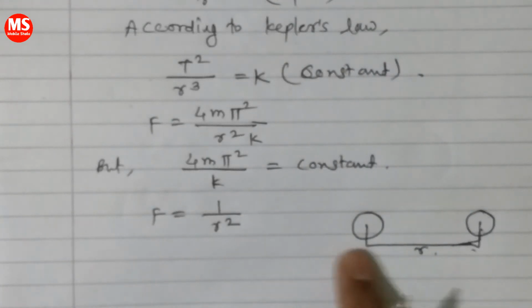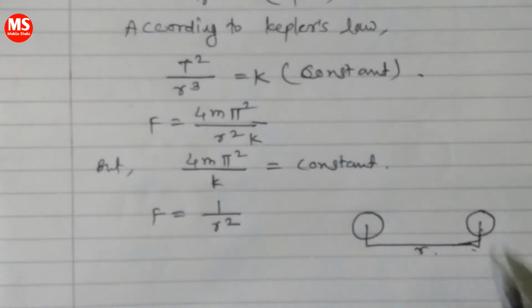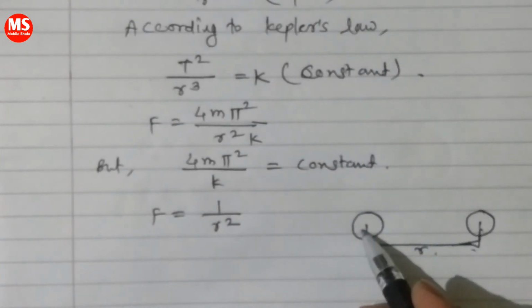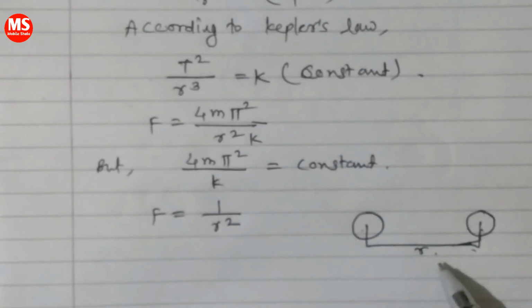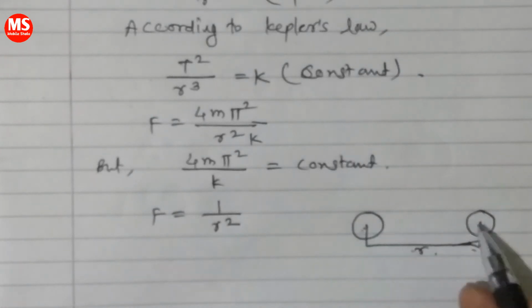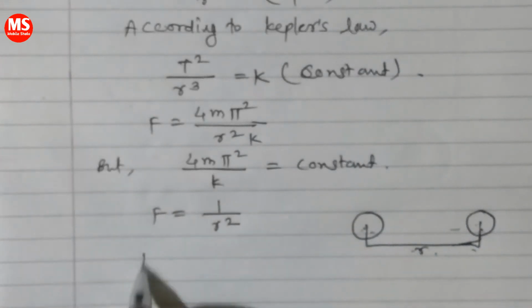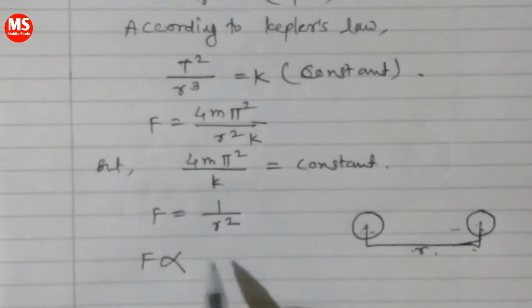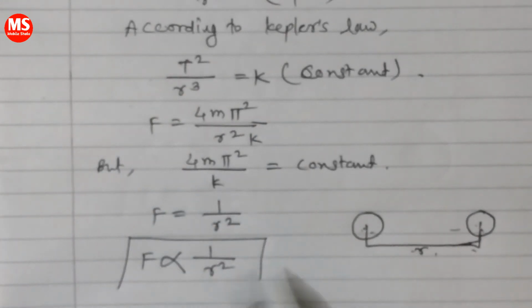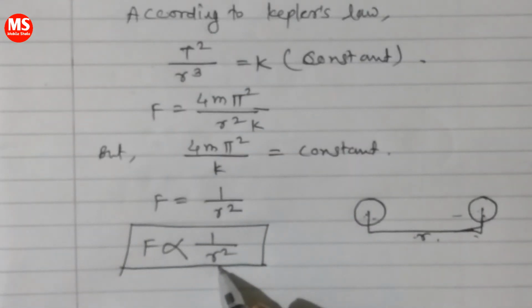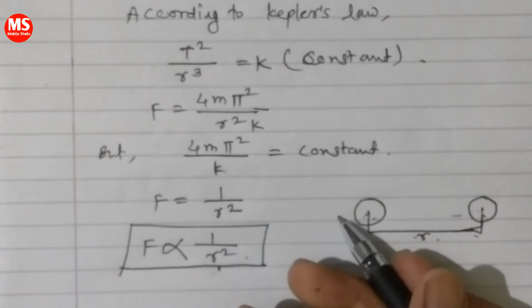The gravitational force between these two objects is inversely proportional to the square of the distance between their centers. So this is the magnitude of the centripetal force between the sun and the planet.